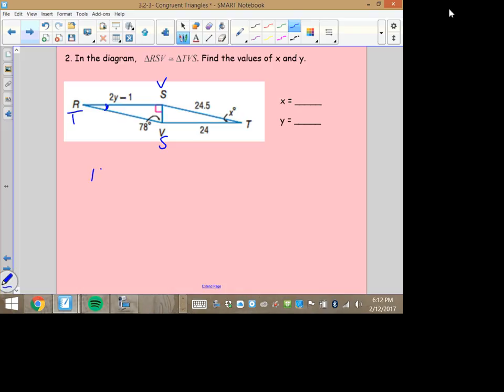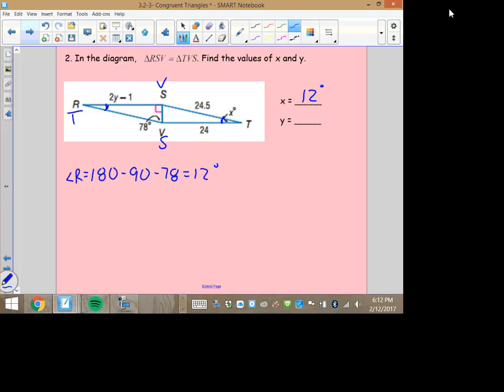So we can get 180 minus 90 minus 78. So we get angle R equals 12 degrees. But since T and R line up, we know that x is 12 degrees.